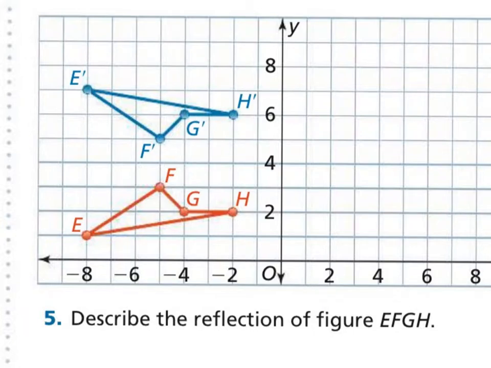How do we know which one's the original one? The original one is the one with just the regular letters, and the new one is the one with the little primes, the little marks next to it. Okay, so this would be a line of reflection. Does that make sense? Right in the middle between those.